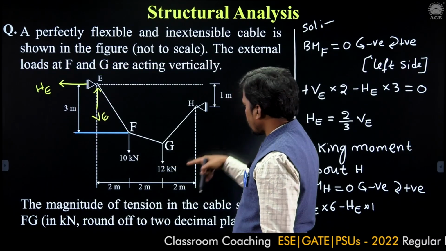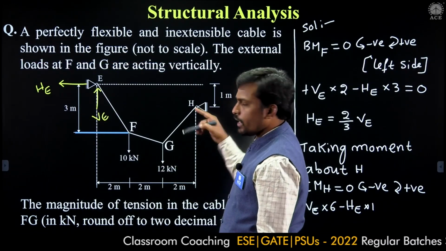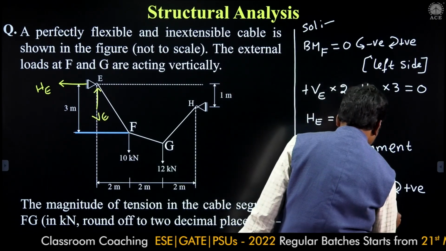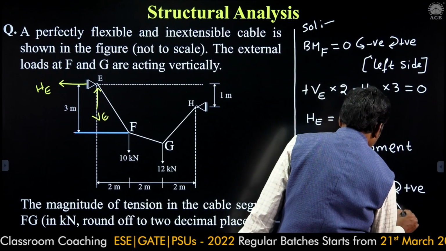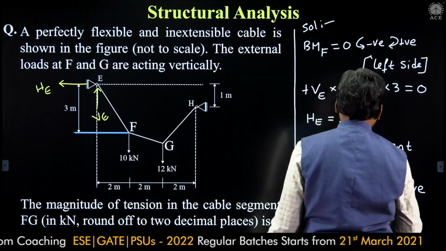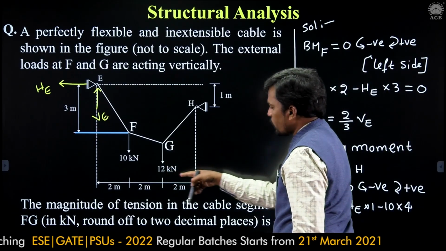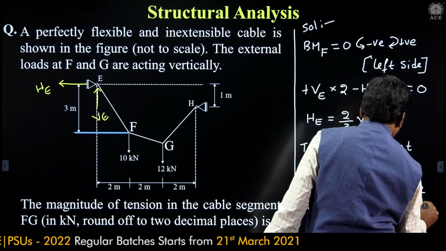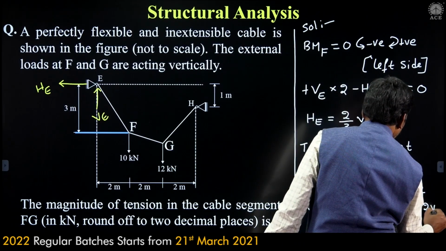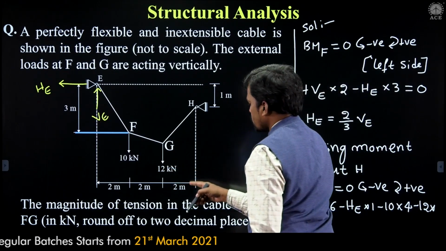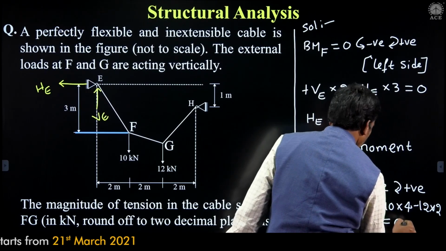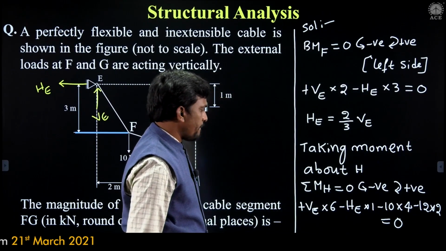This is anti-clockwise, so minus 10 into 4. Next, one more load is there, 12, anti-clockwise, so minus 12 into the perpendicular distance 2 equals 0.